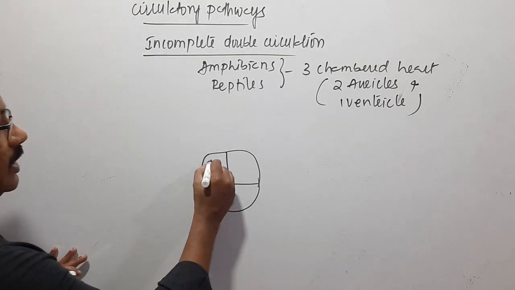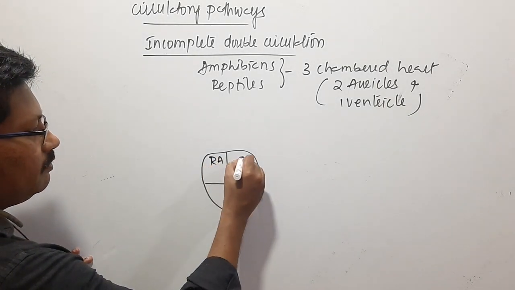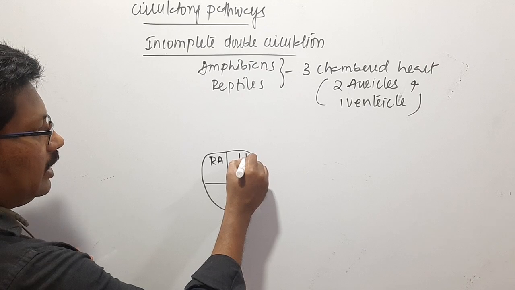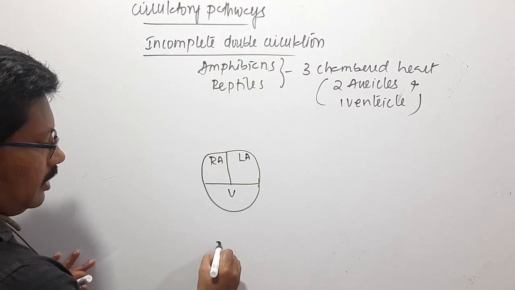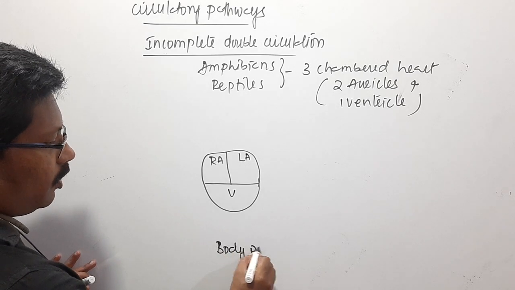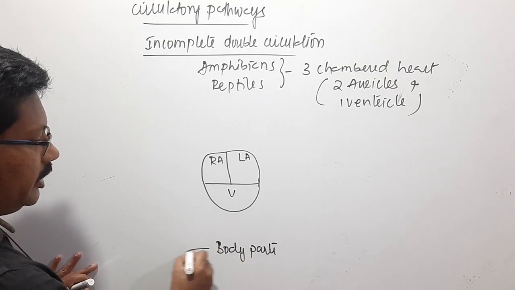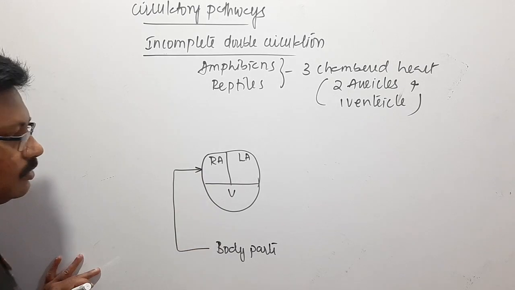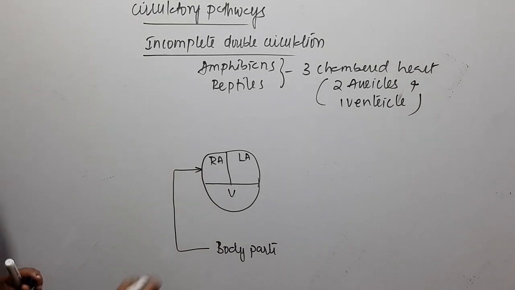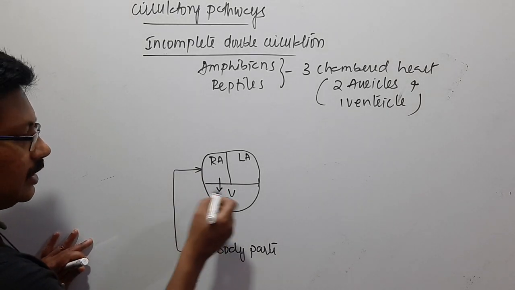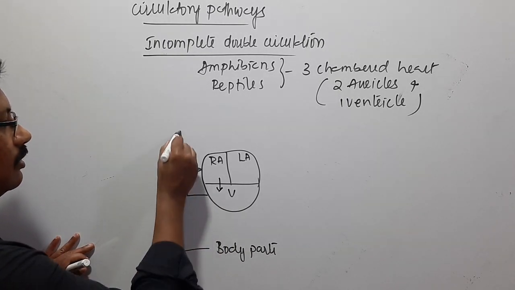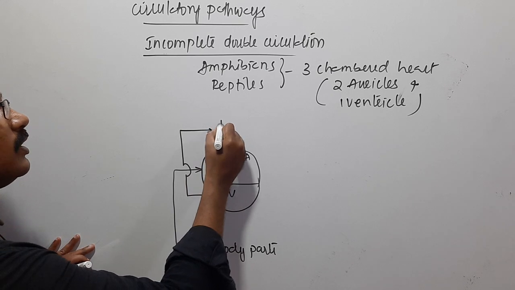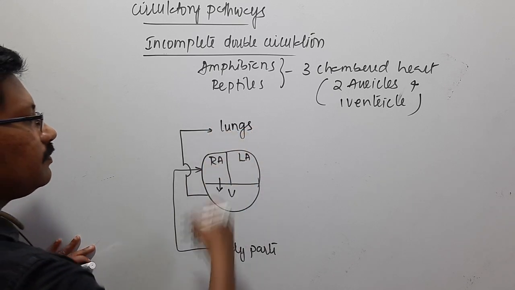This is the right atrium and this is the left atrium and this is the ventricle. We know from the body parts the deoxygenated blood will pass to the right auricle, and from there it enters into the ventricle, and from the ventricle the blood passes to the lungs.